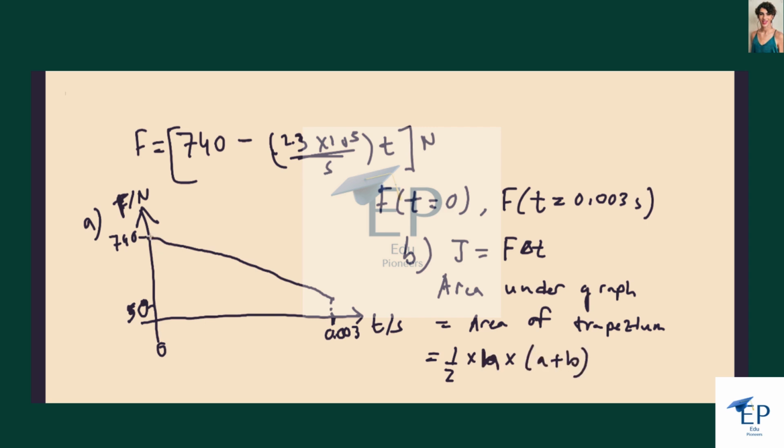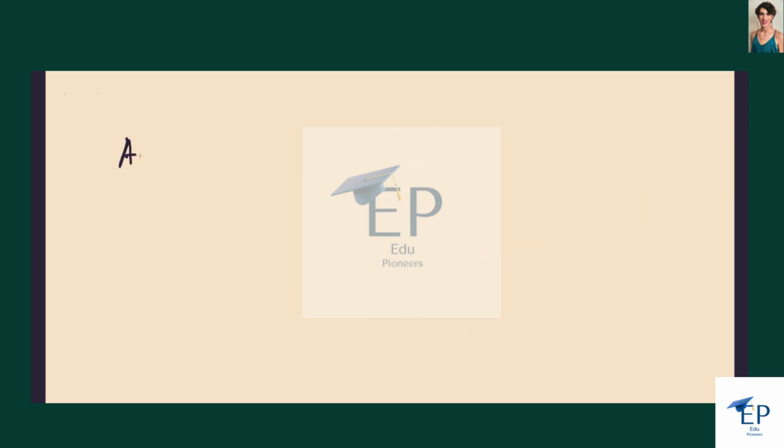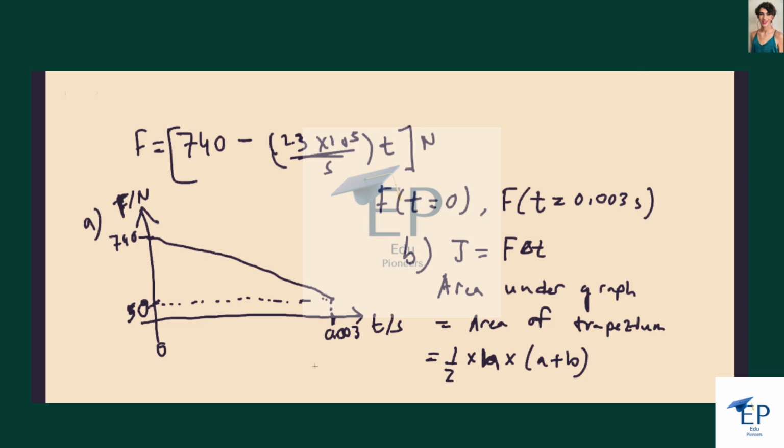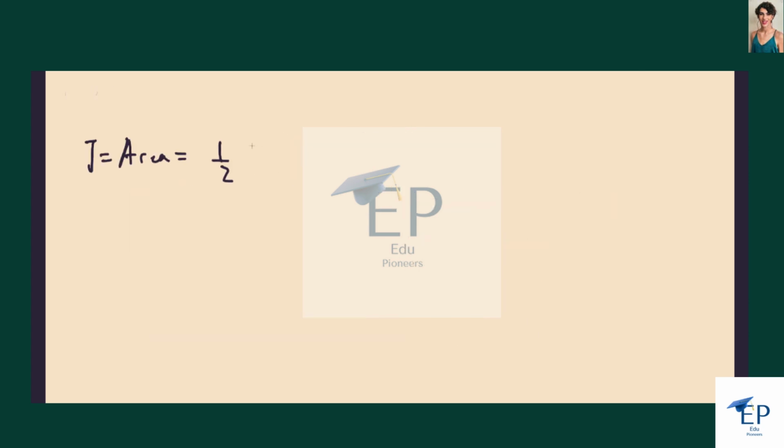So a plus b is the sum of this side and that side, and that's the trapezium we're interested in here. So J equals the area, which is 1/2 times the height, which is basically just the time at the end, 0.003 seconds, times a plus b.